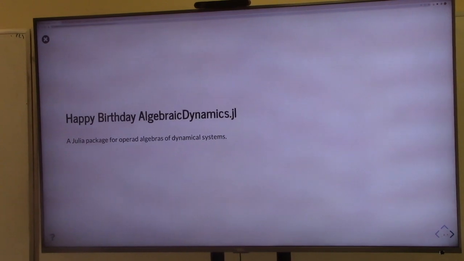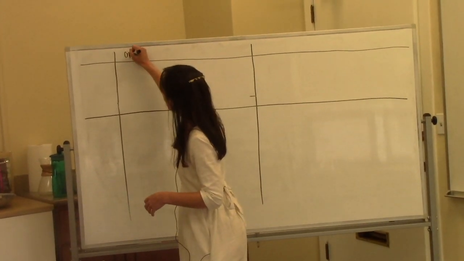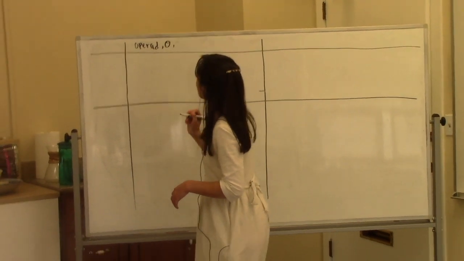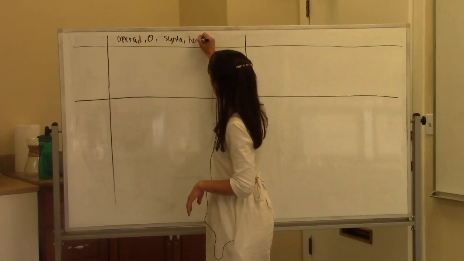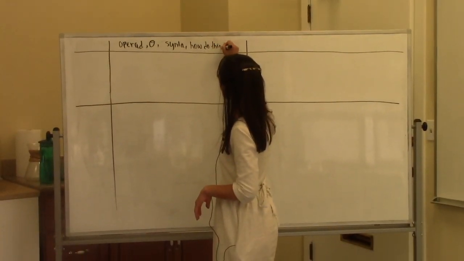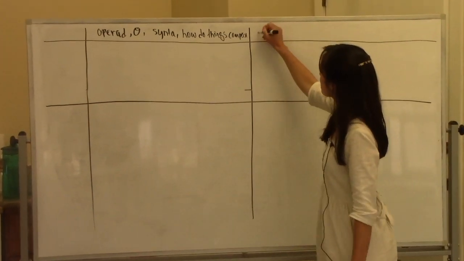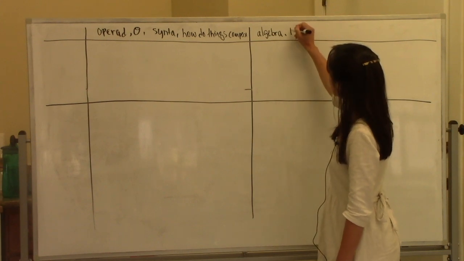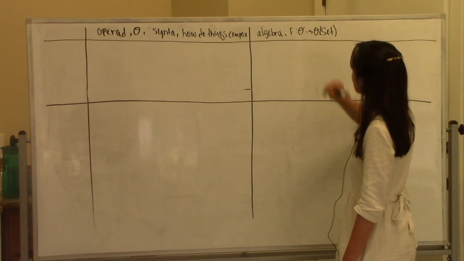An operad algebra has two parts. It has an operad, which I'll call O. Often we talk about this as describing some sort of syntax, or how things compose. And the algebra, if you are a category theorist, is an operad functor from our operad into the operad underlying set.